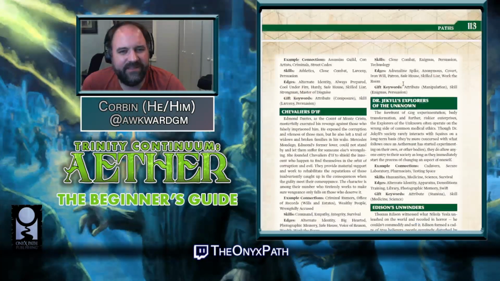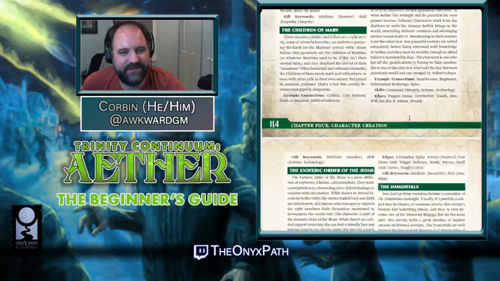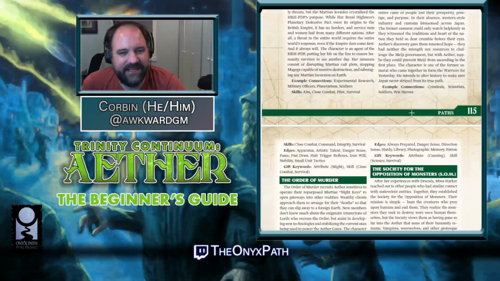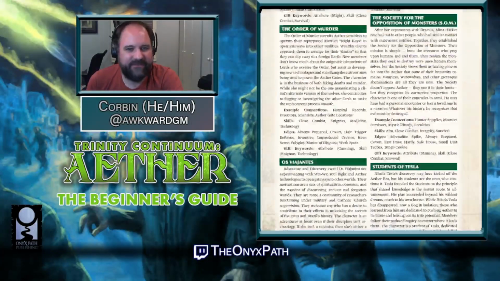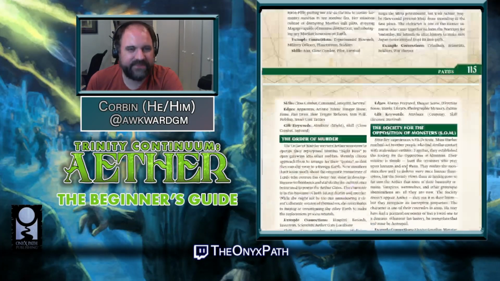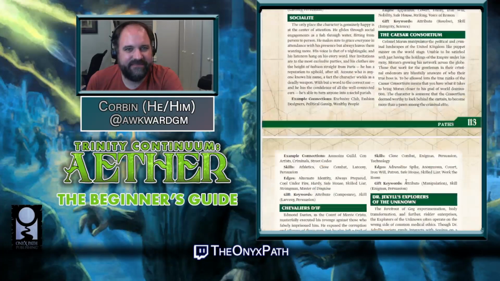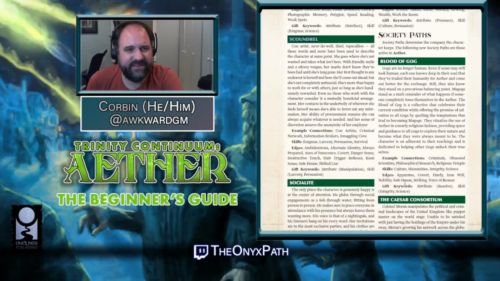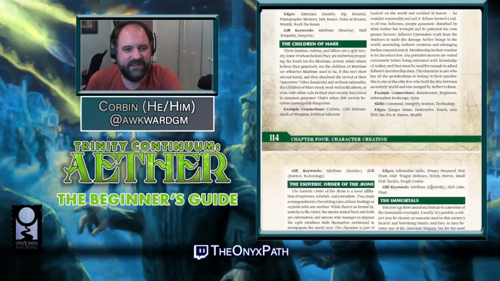Oh, but here are the lovely little paths for each of the different societies. And wouldn't you know it, we have some for what seem to be the various different villain groups too. Counter societies? Yeah, we have Caesar's Consortium. I don't see the Immortals here.